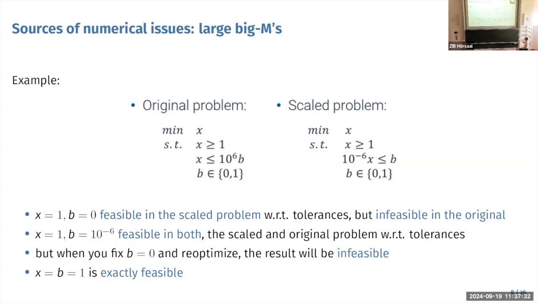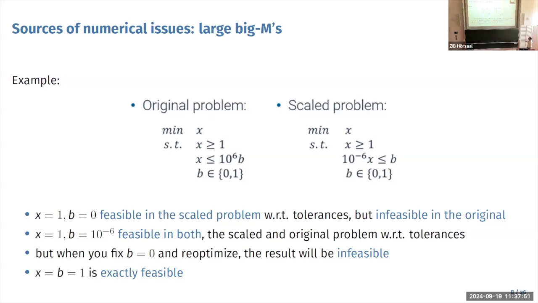That is some numerical dirt hanging around there, right? This should be 0. Now what happens when you actually fix the variable b to 0 and check? Then you realize this problem becomes infeasible.